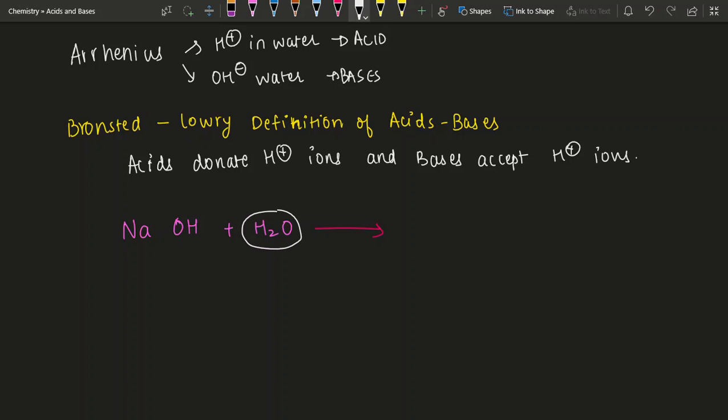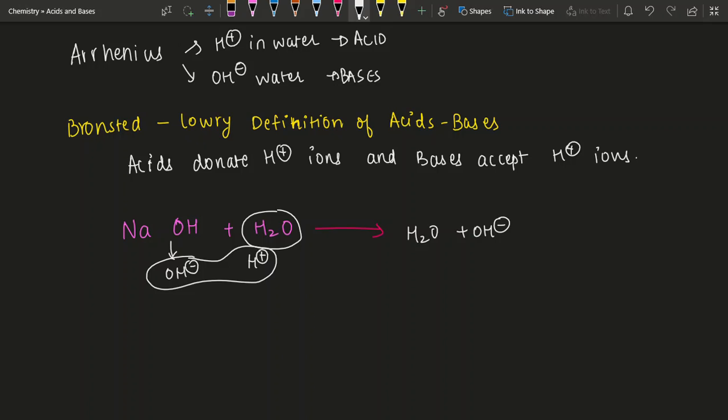So NaOH is technically just OH minus. OH minus takes an H plus, a hydrogen ion, from H2O. So this forms H2O, and this leaves you with an OH minus ion.